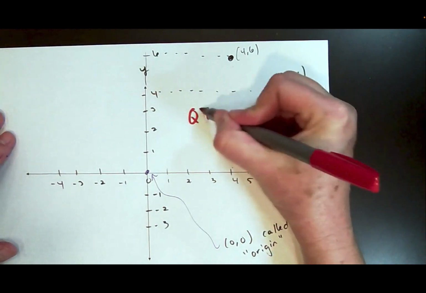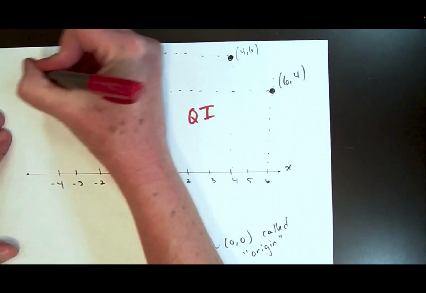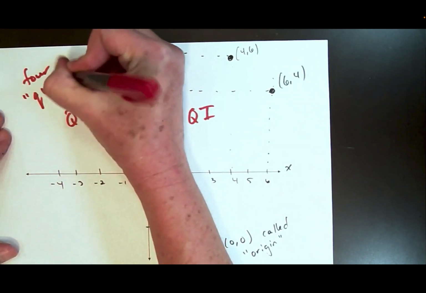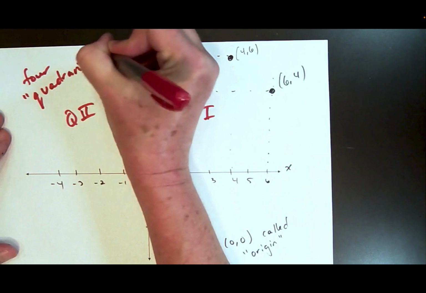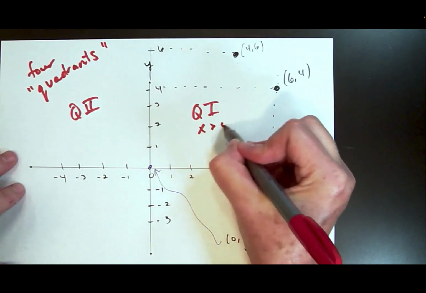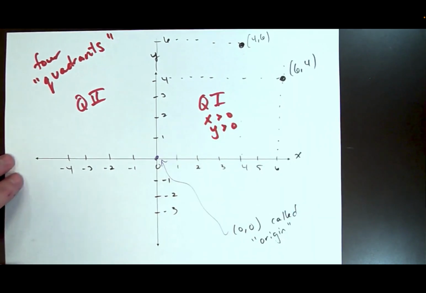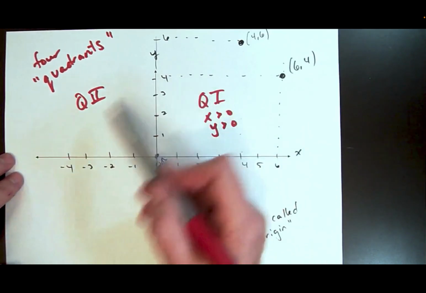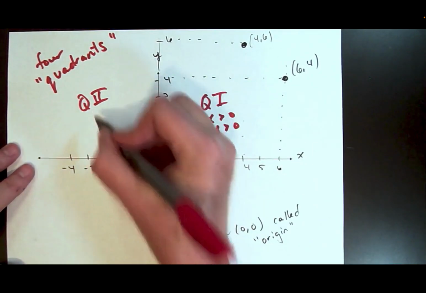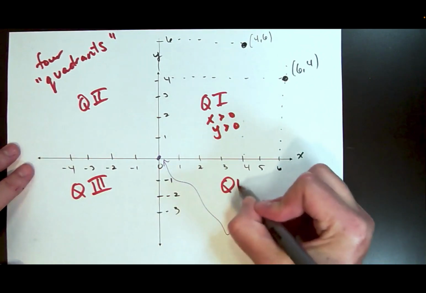This one is quadrant 1. This one is called quadrant 2. So 4 quadrants. We start with the one where the x's and the y's are both positive, because that's everyone's favorite quadrant. Call that quadrant 1. Then we go counterclockwise and number our quadrants. So we have quadrant 2, 3, and 4.